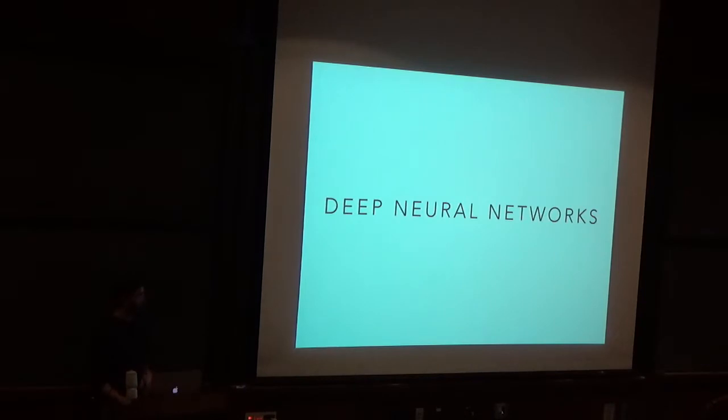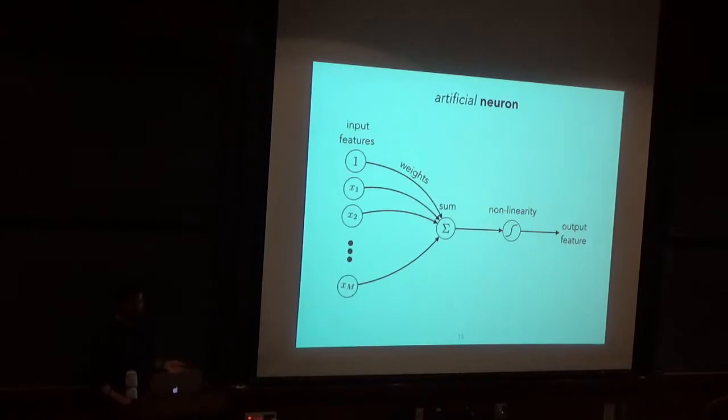And that brings us to deep neural networks. So you may have heard about them. Maybe they sound intimidating, but they're really quite simple, as we'll get into. So the basic building block of a deep neural network is the artificial neuron. Not to be confused with the neurons that are in your brain. They're actually quite different.